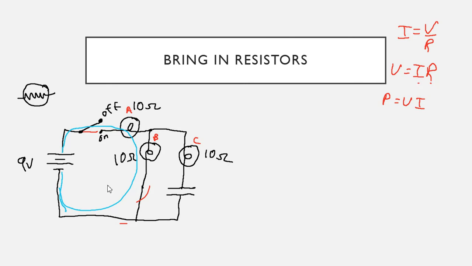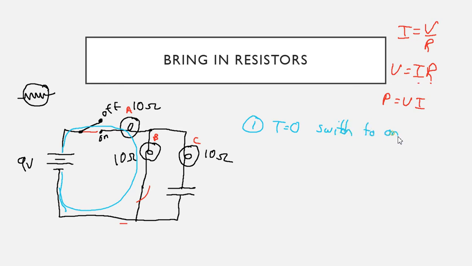So if I had a question that said, what's the current through all of these lights as soon as I turn the switch on? We're going to say situation 1, time equals 0, switch to on.